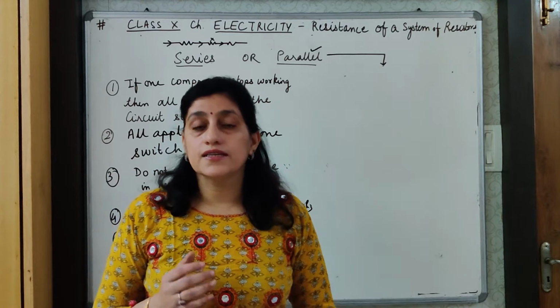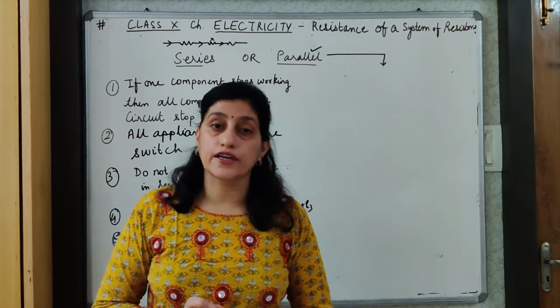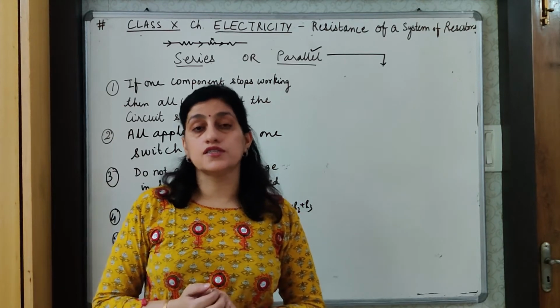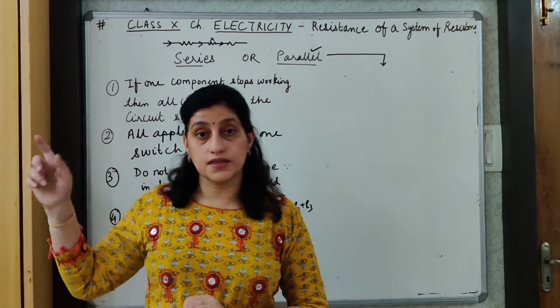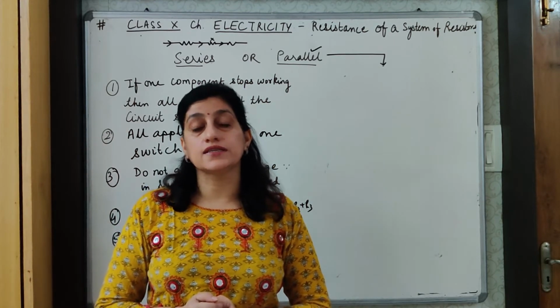You know that these are appliances which require different amount of current to work. So the basic question over here is what type of circuit, whether series or parallel, should be used in the domestic circuit.